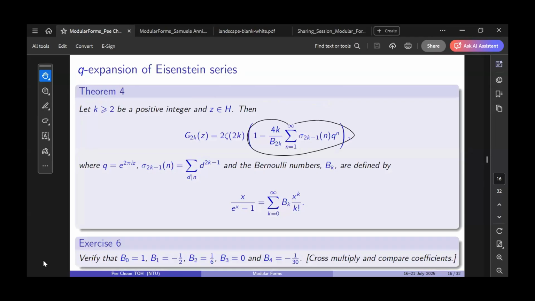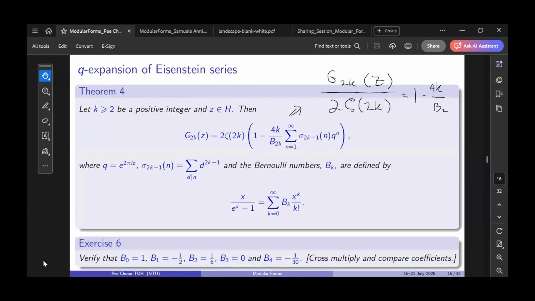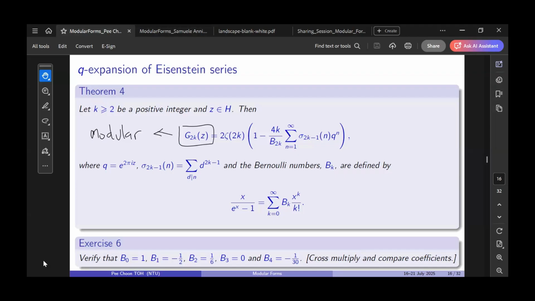Basically, this form 2 times theta 2K is constant, right? So this is not really important. Since it's constant and this is a modular form, then this should be modular too.